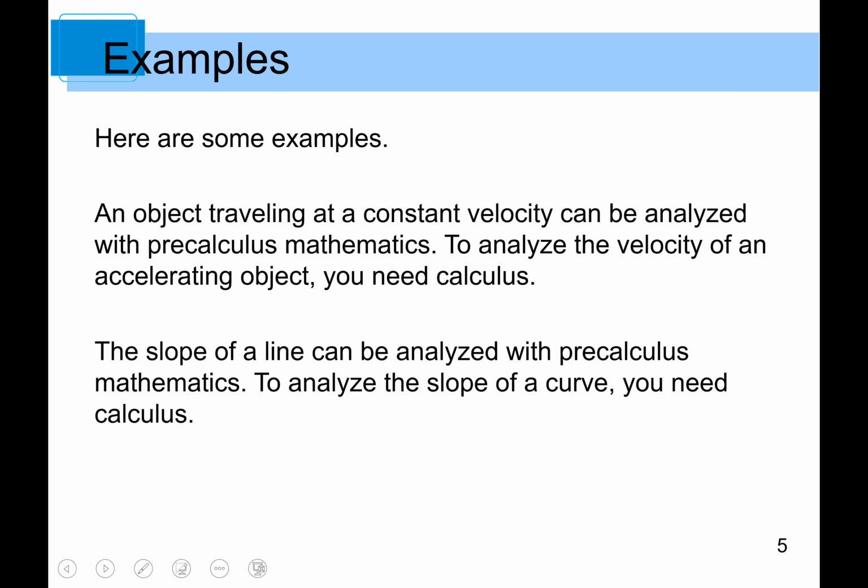First of all, let's take a look at some examples. An object traveling at a constant velocity could be analyzed with precalculus. To analyze the velocity of an accelerating object, you need calculus. Okay. The slope of a line could be analyzed using precalculus, but in order to analyze the slope of a curve, you will need calculus.